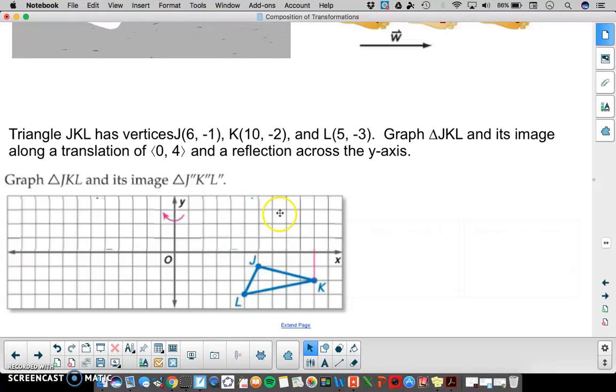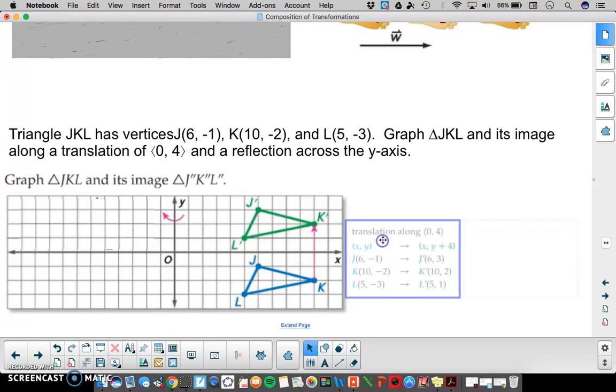So if we translate that figure up 4, we end up with this green triangle J prime, K prime, L prime. And we know we add 4 to our y values for the rule of that translation. So here we perform that rule on those points. Now to get the reflection, we actually use the image from the translation and perform the reflection from it.